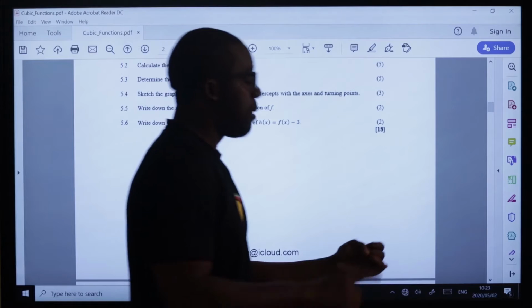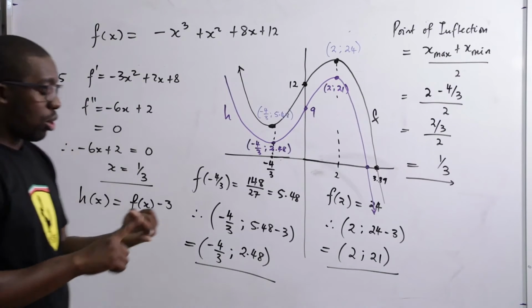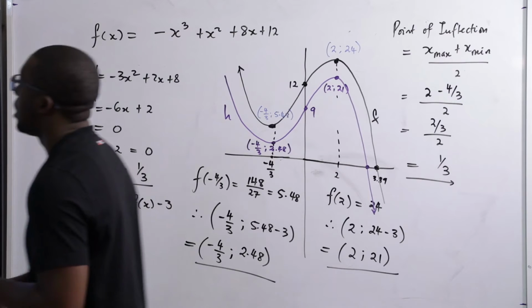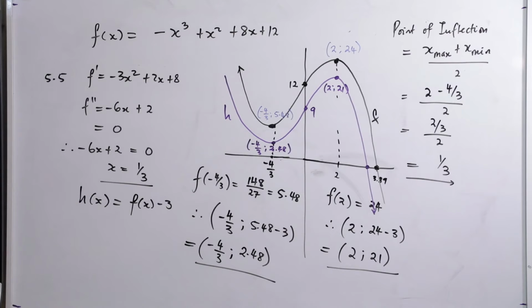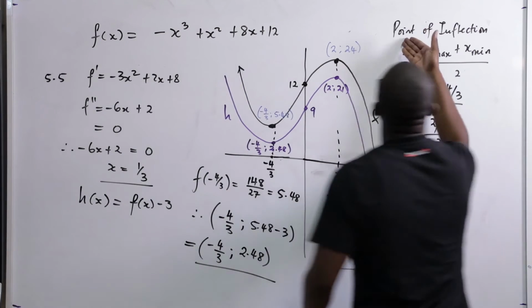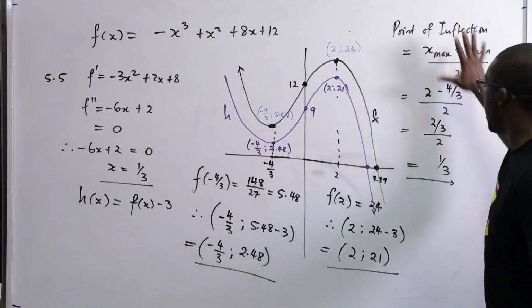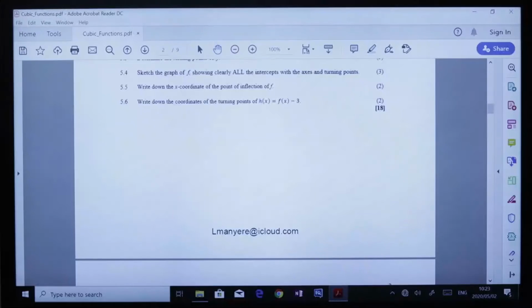Sketching the graph, make sure you get the shape right. Make sure you get the coordinates of the turning points, x-intercepts, y-intercepts right. Point of inflection, do you know that the point of inflection is the second derivative equal to 0? Or do you know that the point of inflection is the midpoint between the maximum and the minimum? That's what it's demonstrating there.